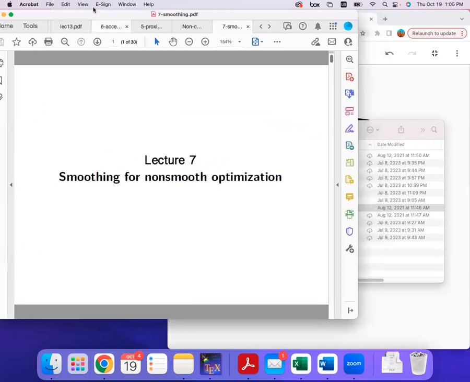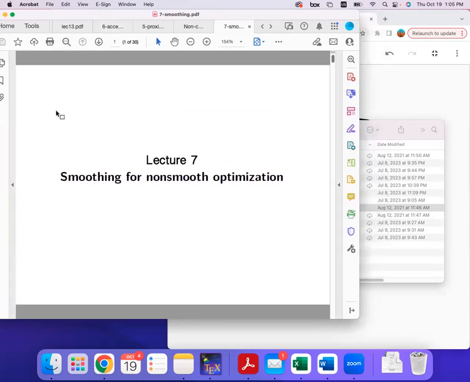Okay. And then we can start to talk about lecture 7, which is a very different technique. It is a very interesting technique, and sometimes we can use this technique to smooth the non-smooth problems.